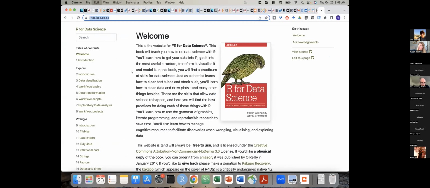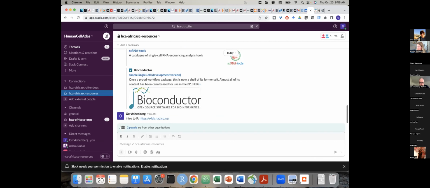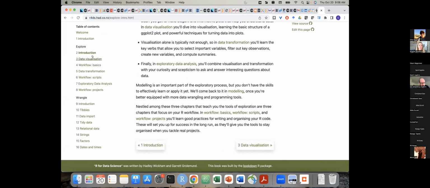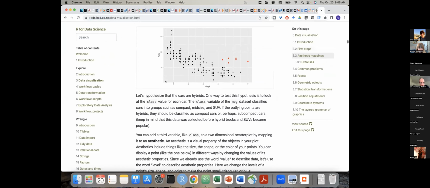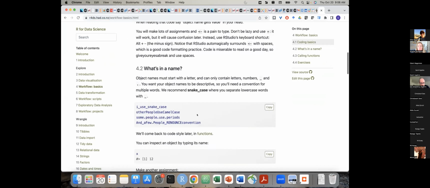This one I quite like, because it's really based around exploring data and making plots. It's written by Hadley Wickham and another person, who contributed a lot to very useful R packages like tidyr. If you go through this online book, it's really focused around learning how to visualize data, but in the process you will learn how R works.